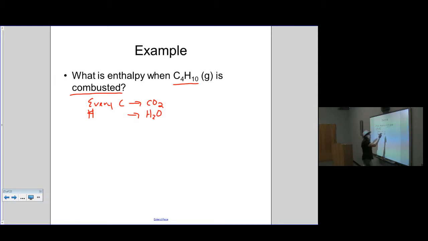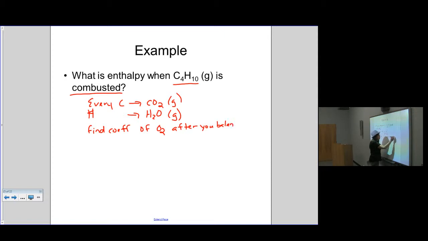For our purposes, unless I say differently, we're going to assume that those are gases. And let me say it this way: find the coefficient of the O2 after you balance your equation for everything else.